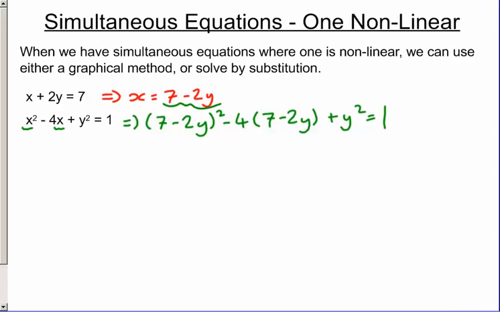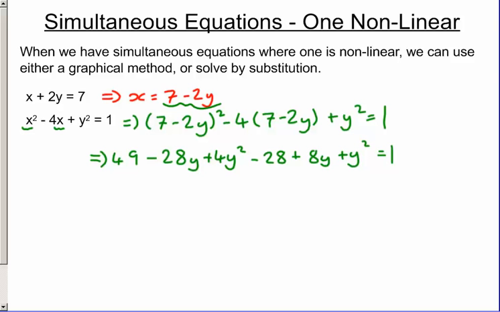We get 49 minus 28y plus 4y squared minus 28 plus 8y plus y squared equals 1. Make sure you can see where each of those terms comes from the equation above into that one. And with a bit of simplifying, that gives us 5y squared minus 20y plus 20 equals 0.